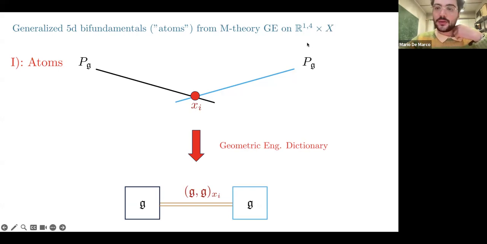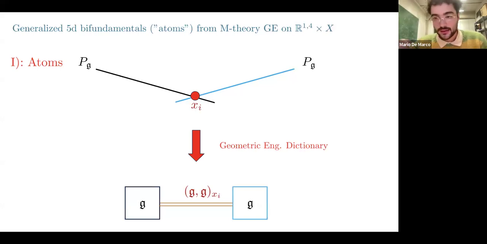Okay. So I'm going to claim that this kind of setup really produces for us what we want, namely the bifundamental superconformal field theory that can be thought of as an atomic and indecomposable bifundamental with flavor group of type G times G, and G a Lie algebra. So why this? Because these non-isolated singularities within a Calabi-Yau threefold, if I go locally to a generic point, for example, of this blue line, their local threefold will look like C times a surface singularity.